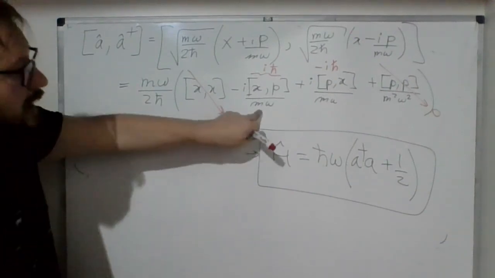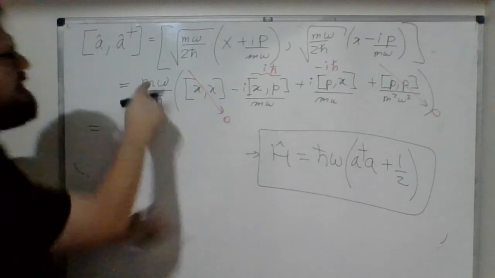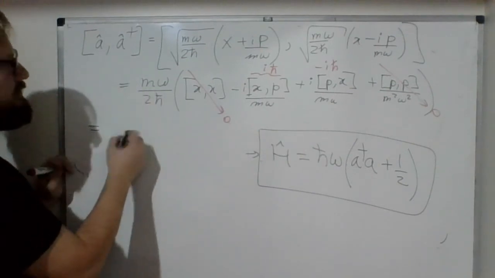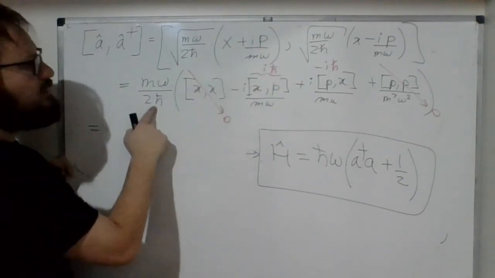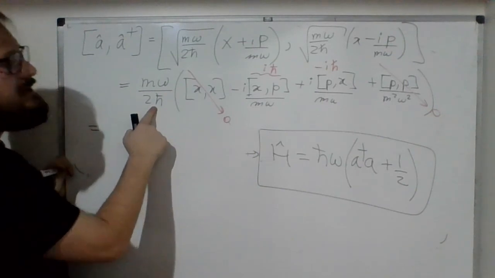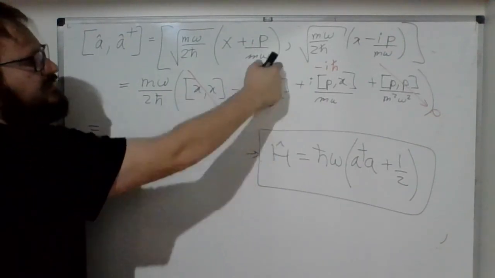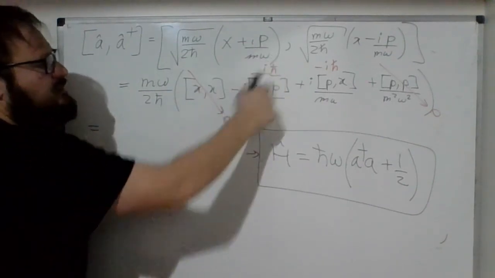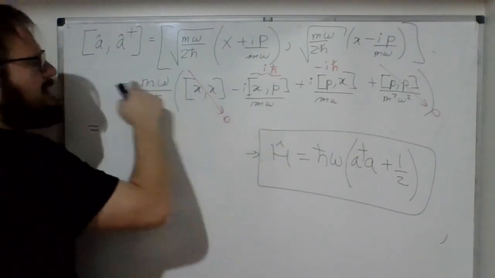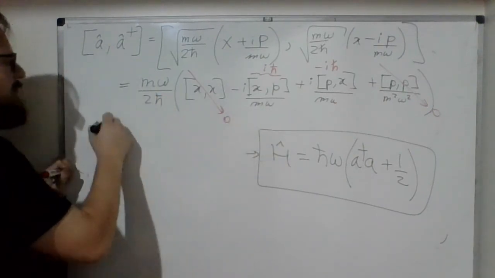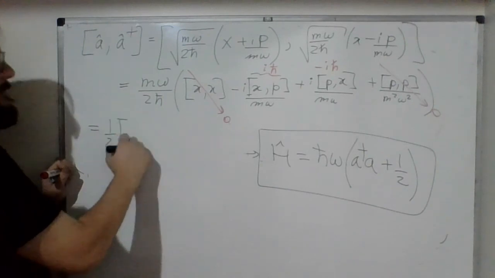And in this way, we will have the following. So look, m omega just cancels out with this factor here. So this h bar also cancels out this h bar here. You have the inverse factor here, h bar divided by m omega divided by h bar. So you get 1/2.